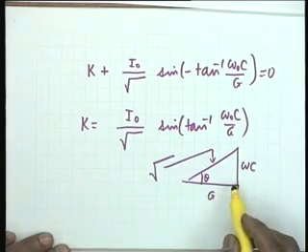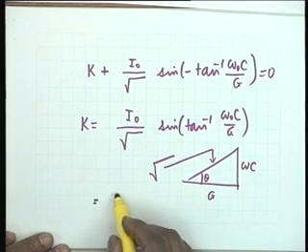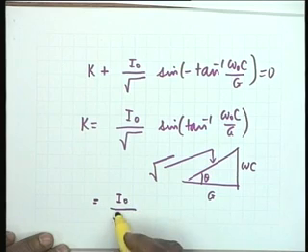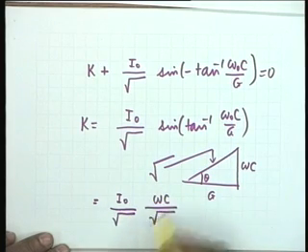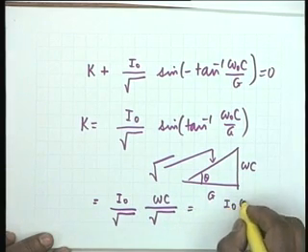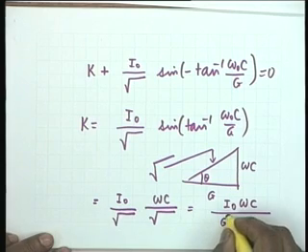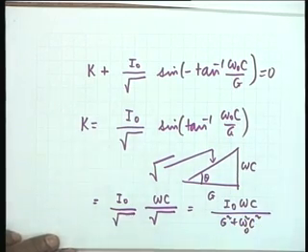Sine is perpendicular divided by hypotenuse, and therefore K would be equal to I0 divided by square root of this, then omega C divided by square root of this, which means it would be equal to I0 omega C divided by G squared plus omega naught squared C squared.